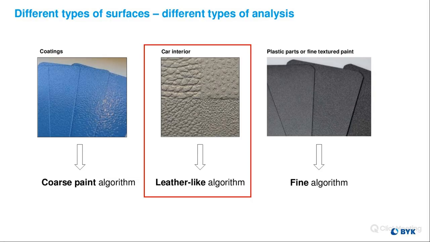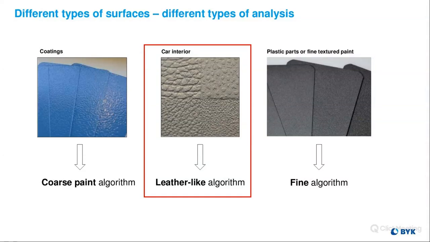To start, the instrument itself has three or four different types of algorithms that it can use for different types of surfaces that you'll measure. For powder coatings, we have what's called a coarse paint algorithm. It's meant for random structures that aren't patterned like leather. Then we move on to the leather-like algorithm, in the middle here, which is mainly for car interiors.